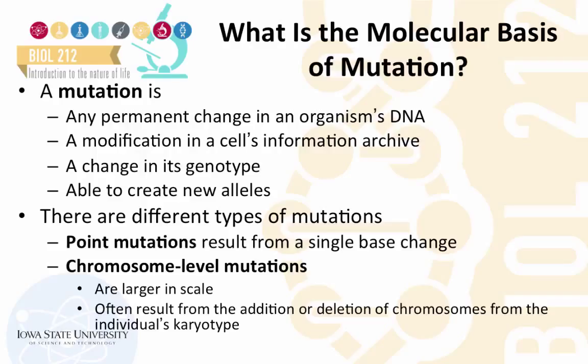There are different types of mutations. These include point mutations that result from a single base change, and chromosomal level mutations that are larger in scale and often result from the addition or deletion of chromosomes from the individual's karyotype. We are going to focus on point mutations for this session.